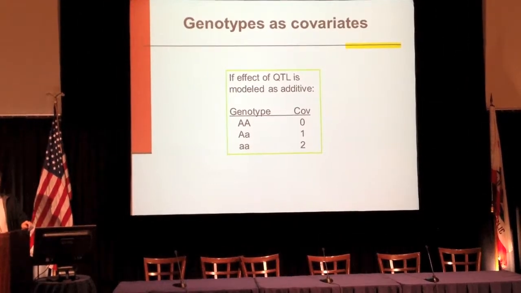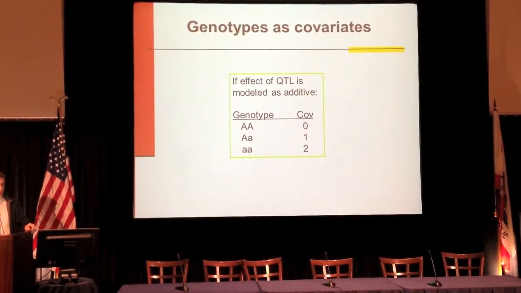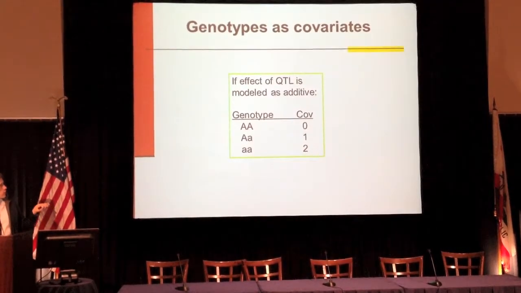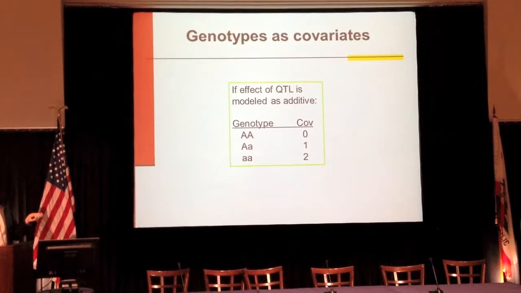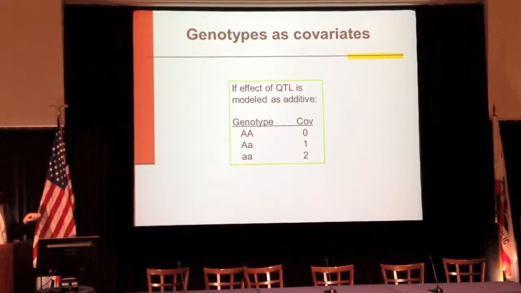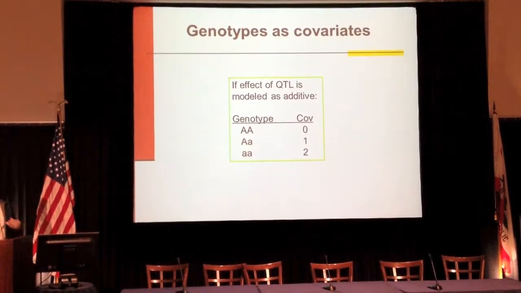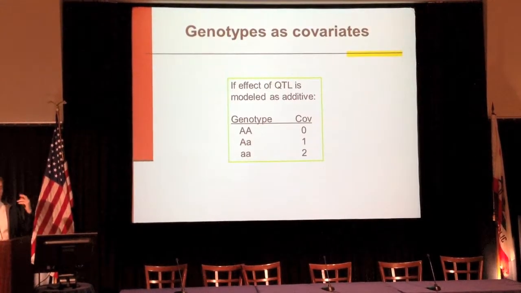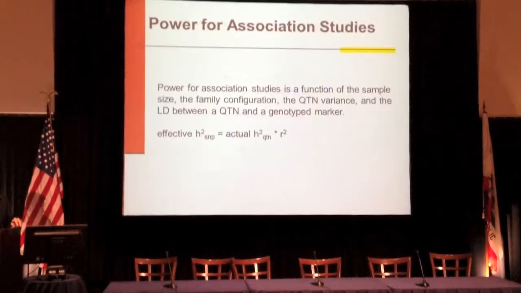Typically in those analyses, the effect of the QTL is modeled as additive, and you basically say that genotype AA corresponds to a covariate value of 0, genotype capital A, small a, a value of 1, and small aa a value of 2, and that becomes your covariate vector, which is also a genotype vector.